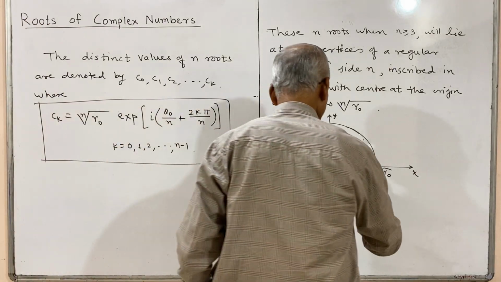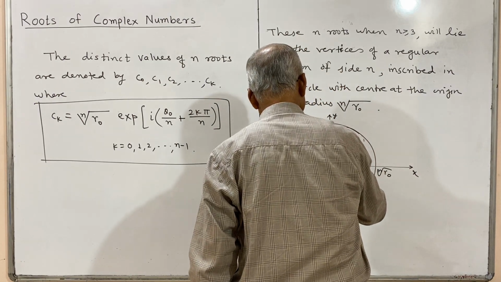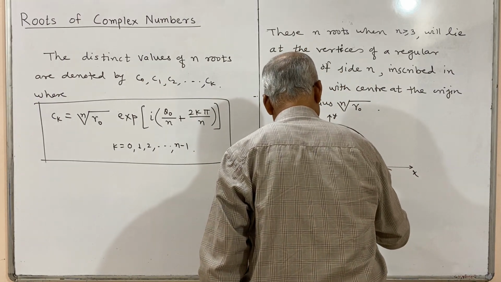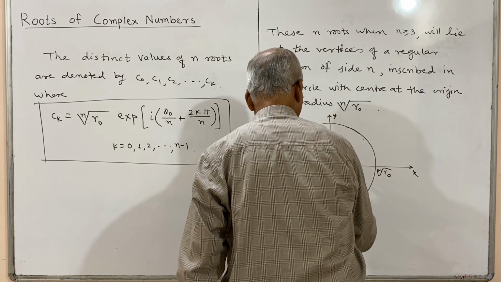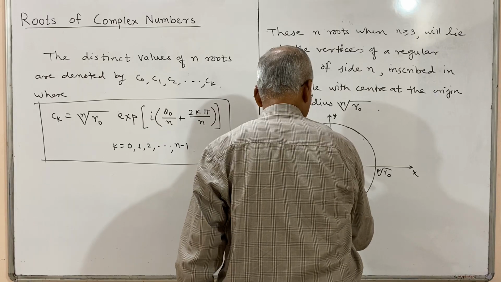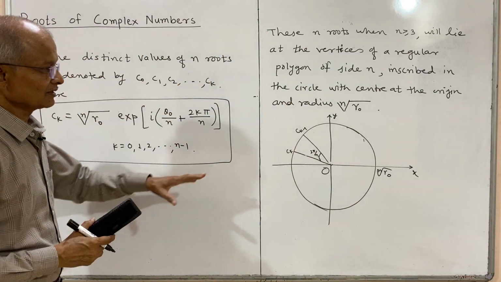If Ck minus 1 is one root, then another root Ck will be here, and the angle will differ by 2 pi by n. So, that is the meaning.